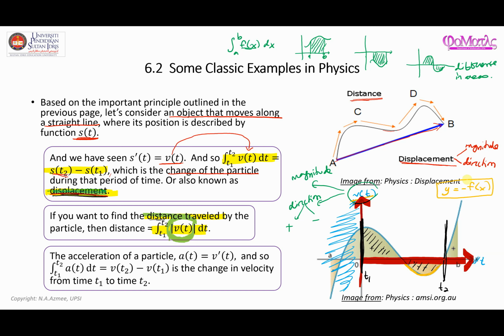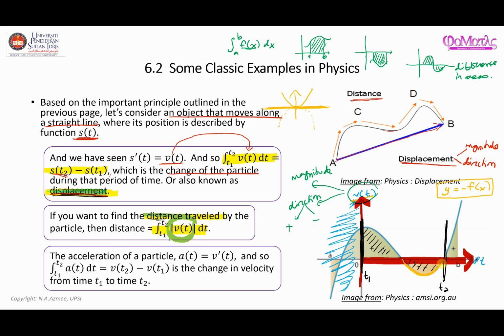This is what you have seen in chapter 1, where you can reflect the graph on the x-axis. When you have negative f(x), the graph will be reflected on the x-axis. If you have a graph that looks like this and you consider the negative sign of f(x), the graph is reflected along the x-axis.